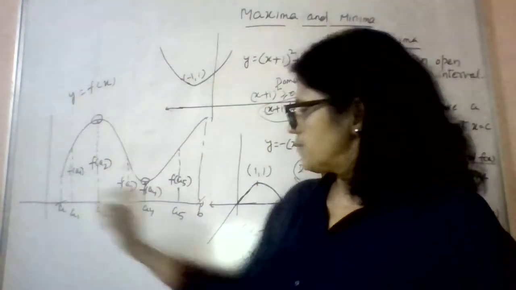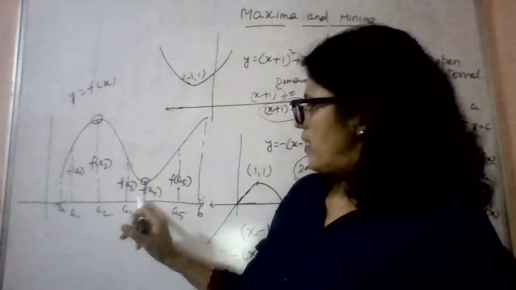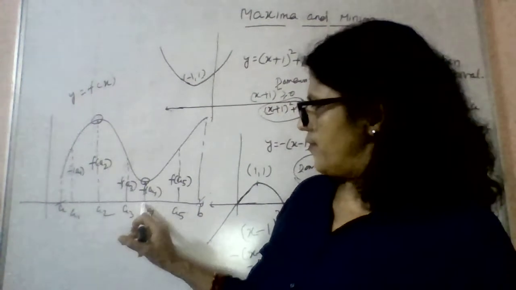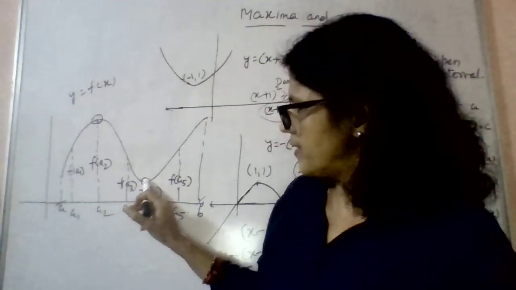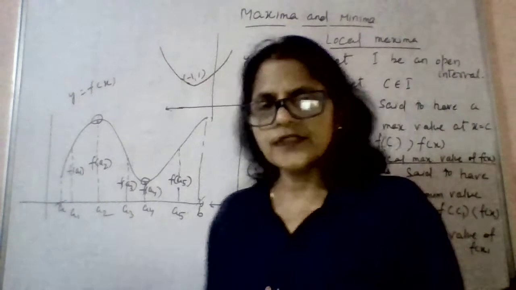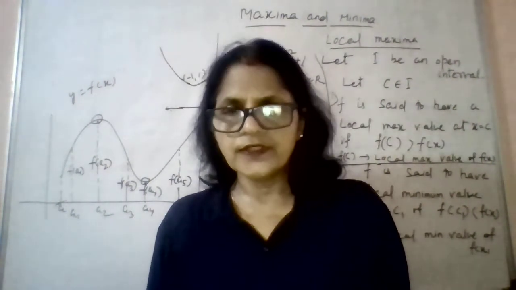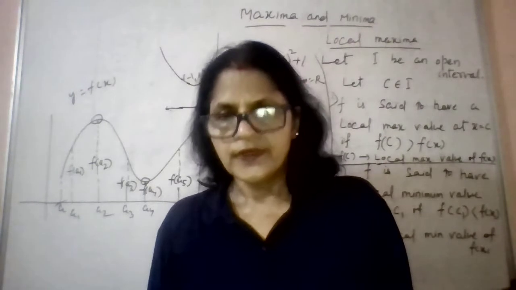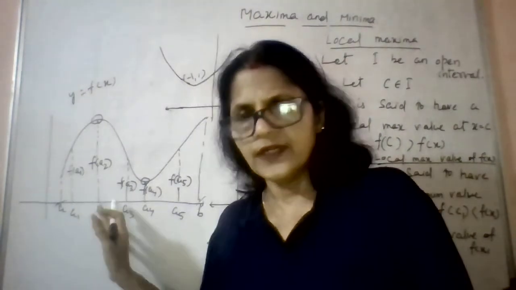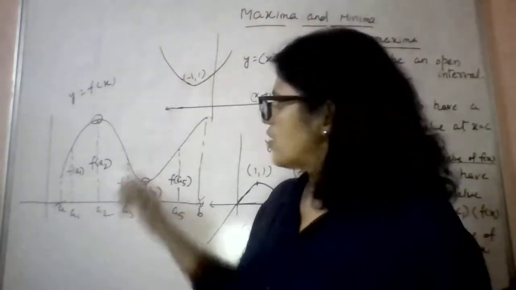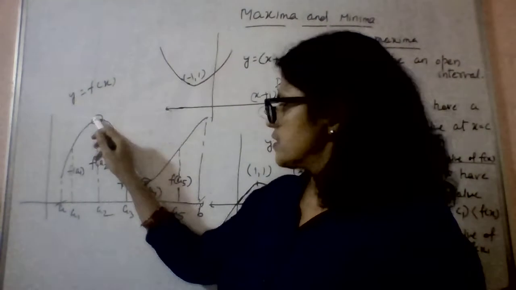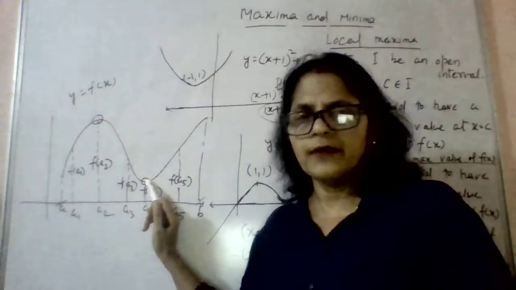Similarly, in this interval AB at x equal to a4, the function attains minimum value. Because it is local, locality here means the given interval. So this is called point of local maximum and this is called point of local minimum.